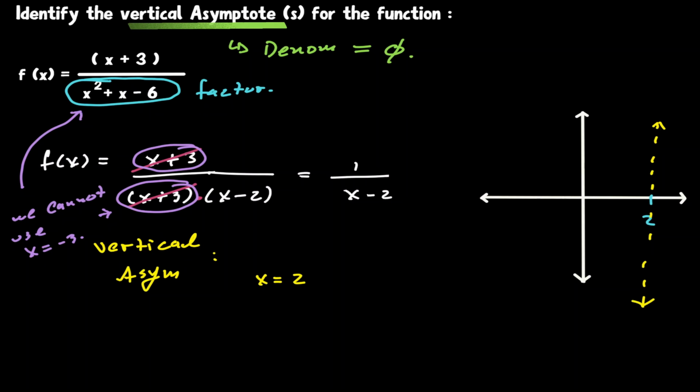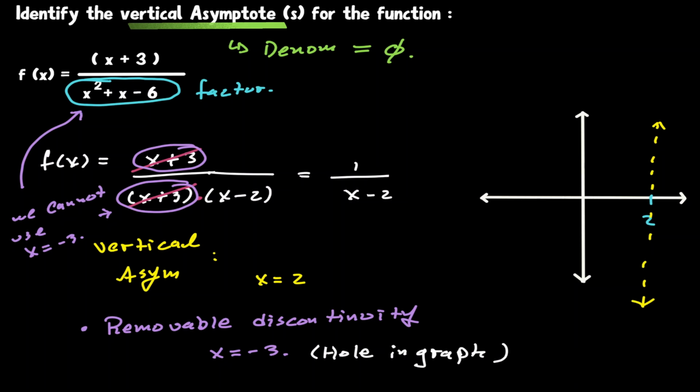But because it got canceled out along the process of simplification, we are going to refer to this as a removable discontinuity, at the value of x that we eliminated when we were simplifying our rational function. And the way that we're going to represent a removable discontinuity is not a vertical line or any line whatsoever. This is what we refer to as a hole in the graph.